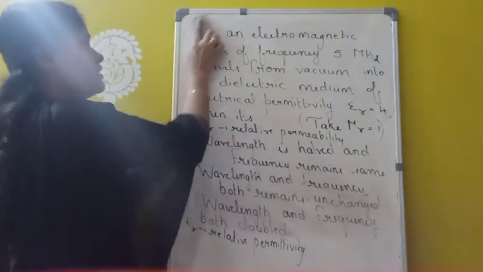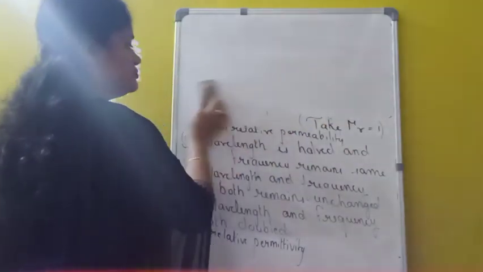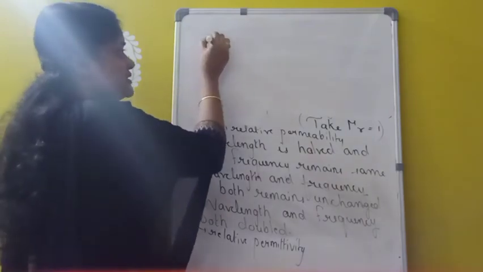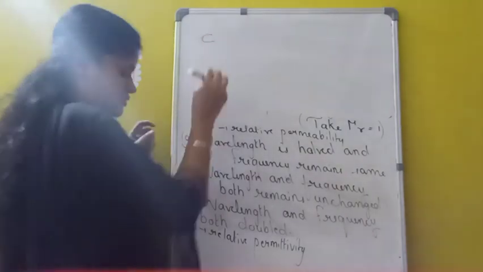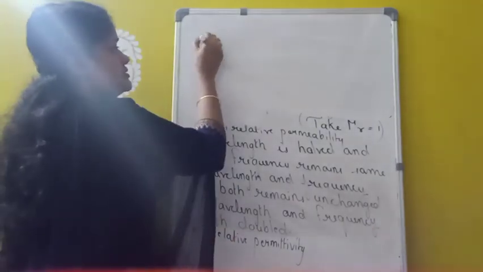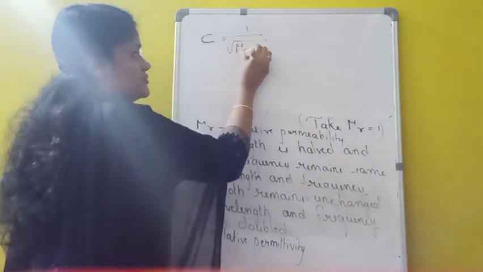So we have the formula for the speed of light. Speed of light in vacuum, symbol is C. C equals 1 by root of mu 0 epsilon 0.